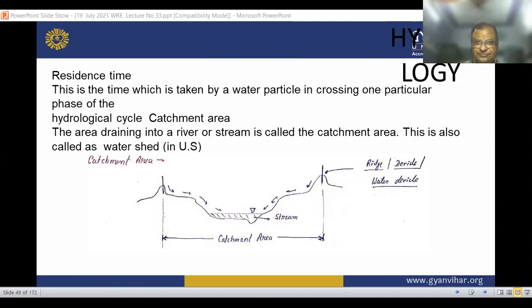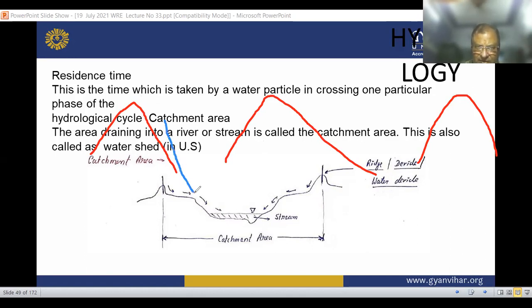Wait. Suppose, my dear boy, this is the hill. So this area is a catchment.